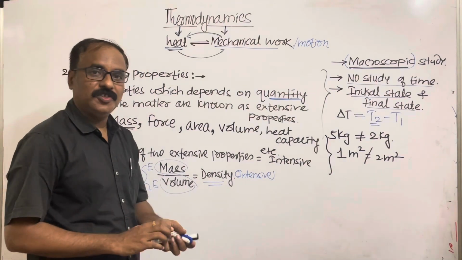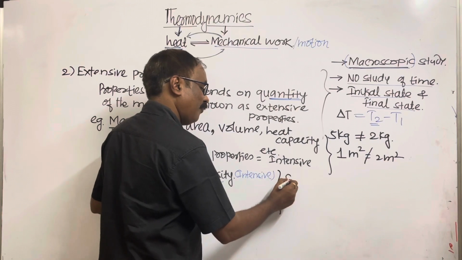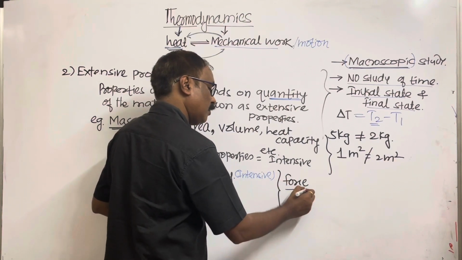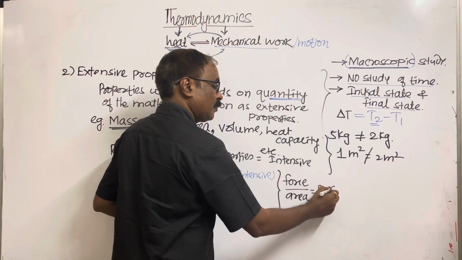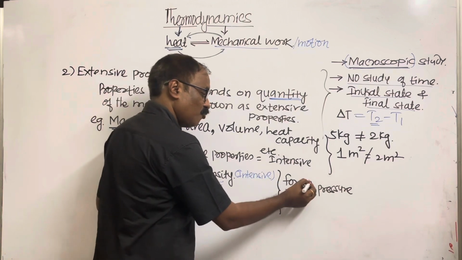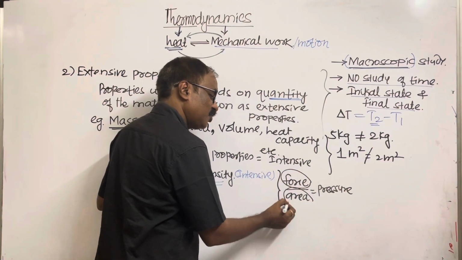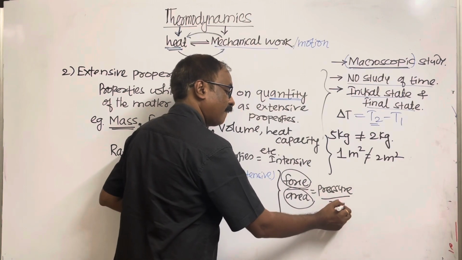Another example of this, force per unit area. Force per unit area is equal to pressure. Force एक extensive property है, area is also extensive property, तो ये pressure क्या है? ये intensive property है.